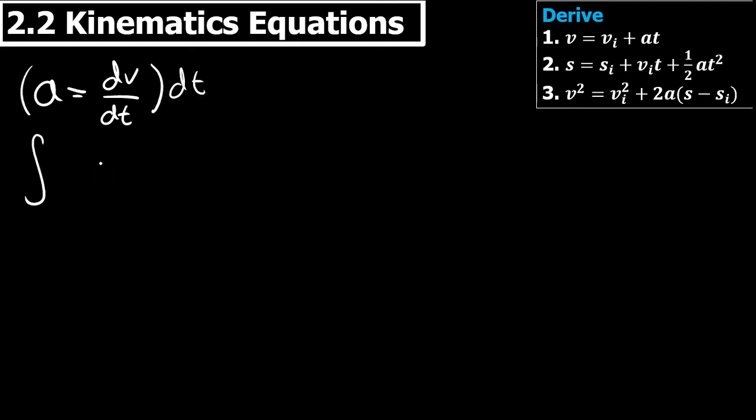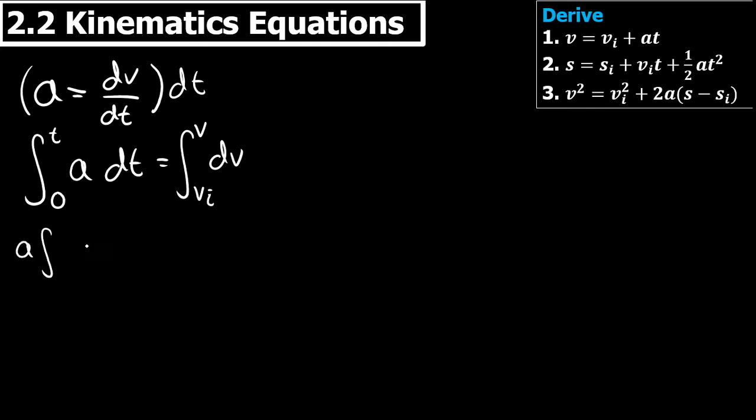So a dt equals the integral of dv. Because a is a constant, it doesn't change, so we can take it out, but let's put the limits on it. We start with 0 until t, and at time 0, v is vi, and at time t, velocity is v.